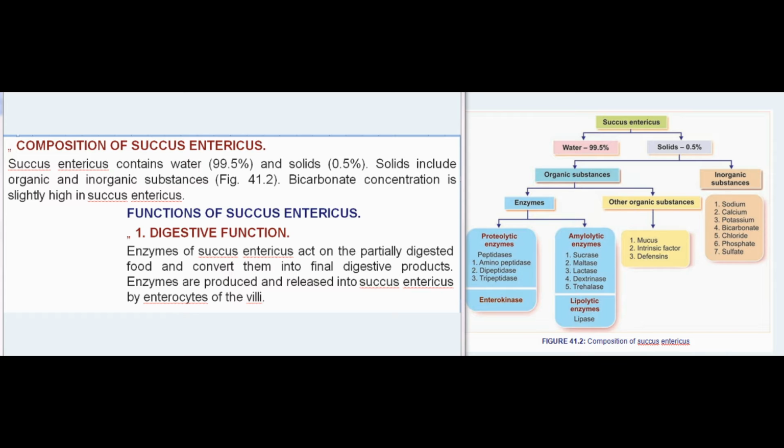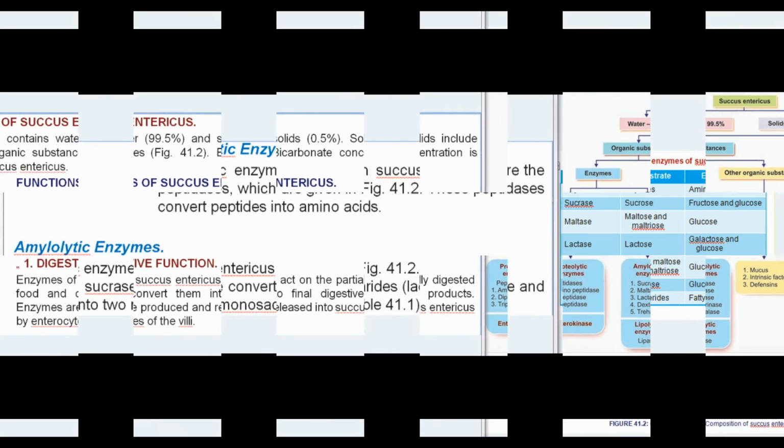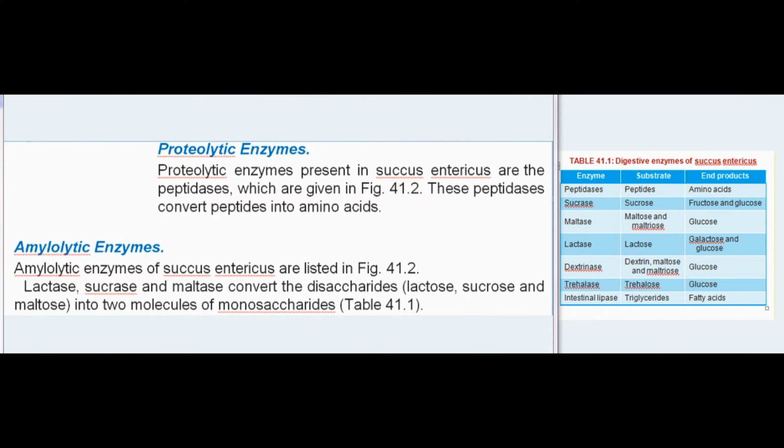Enzymes are produced and released into Succus Entericus by enterocytes of the villi. Proteolytic enzymes. Proteolytic enzymes present in Succus Entericus are the peptidases, which are given in Fig 41.2. These peptidases convert peptides into amino acids. Amylolytic enzymes. Amylolytic enzymes of Succus Entericus are listed in Fig 41.2.